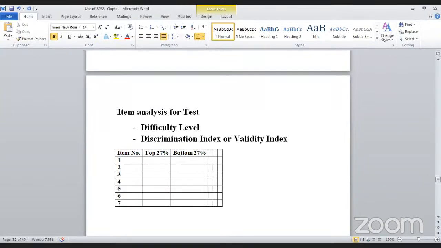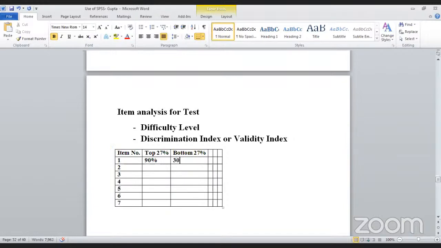Now you have item number one, and you find out of 108, those who belong to the top, what percentage of the people answered this question correctly. Let us say 90% of the people answered the question correctly. Then you find out the bottom 27%, that out of 108, from the bottom, how many people attempted it correctly?